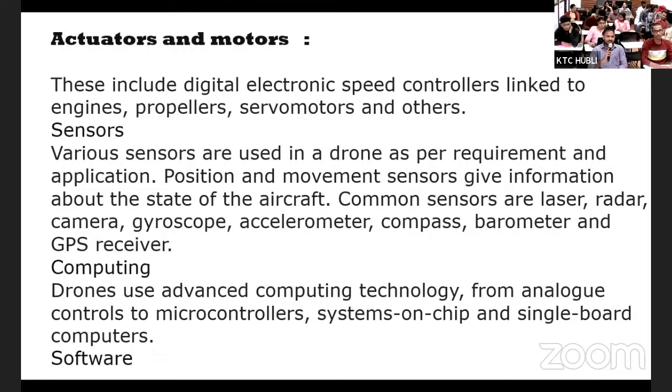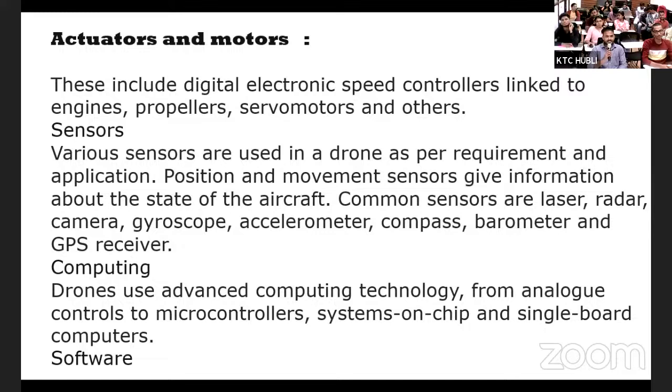Next slide will be explained by Samarth, sir. I will explain actuators and motors. These include a digital electronic speed controller linked to the engine, propellers, servo motors, and others. Sensors: various sensors are used in drones as per requirement and application.